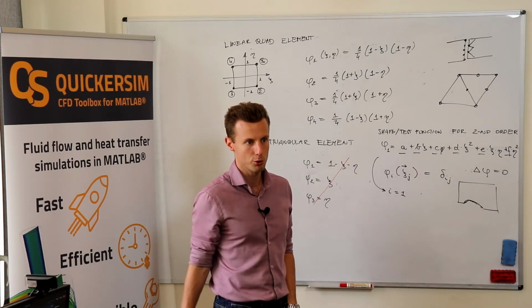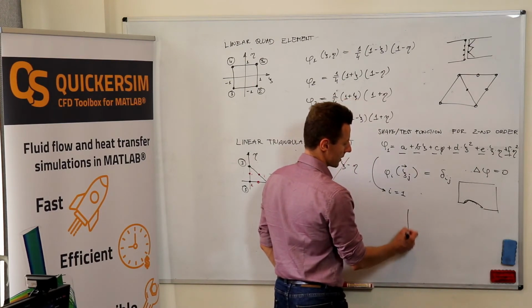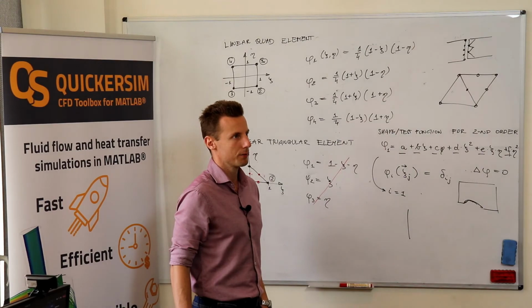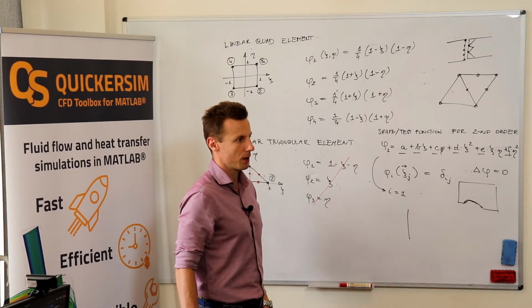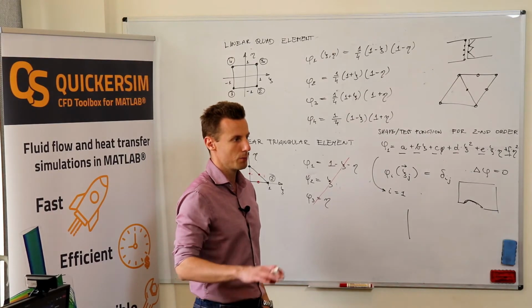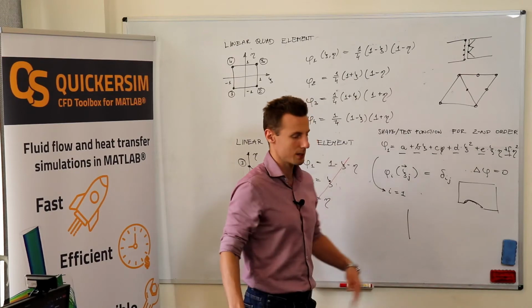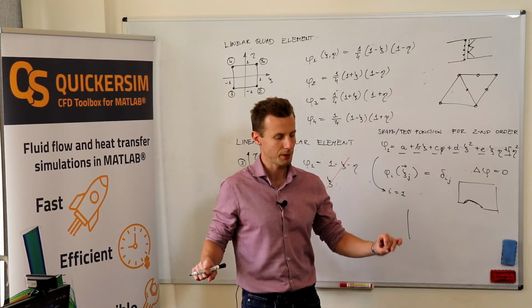For all of you who don't know what the Chimera method is, it's very often used for simulation, for example, of flows in moving domains. One of the practical examples is, imagine you've got an aircraft that is dropping a bomb.